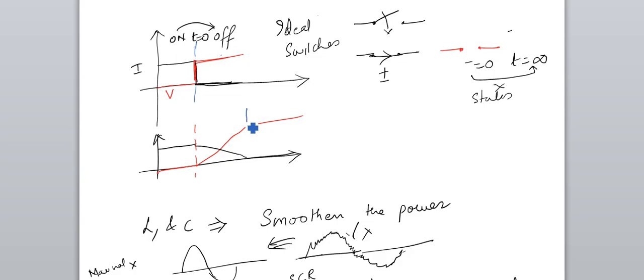So this is my current, this is my voltage. The switching time, or transition time, from on to off is not 0. There is some time invested during this. Because of the time, there will be a loss, as you can see in this portion. In this portion, during the transition period, there is a value of current and voltage.